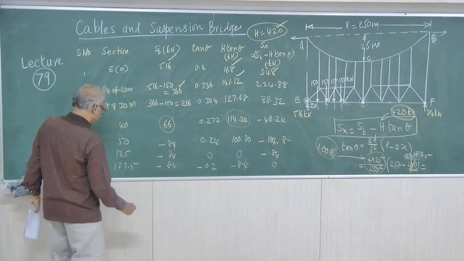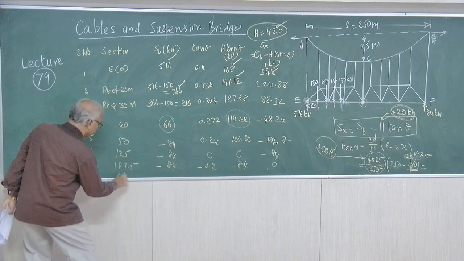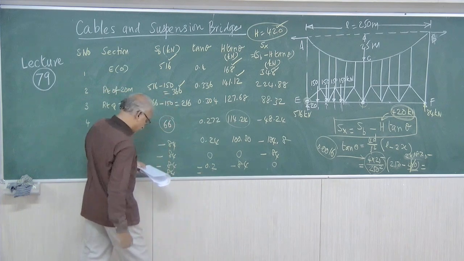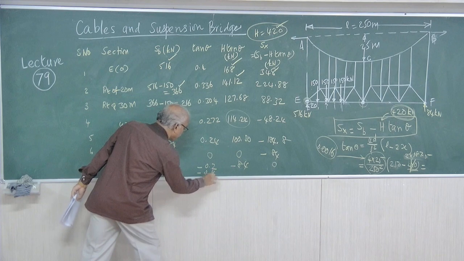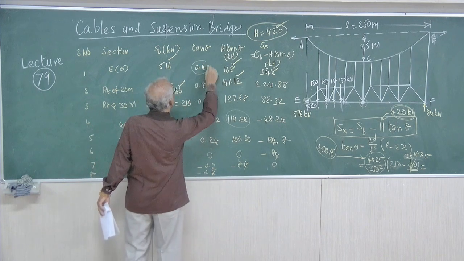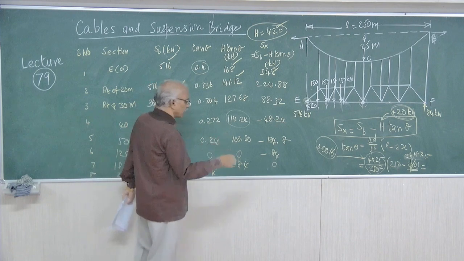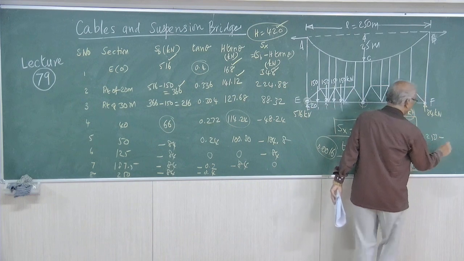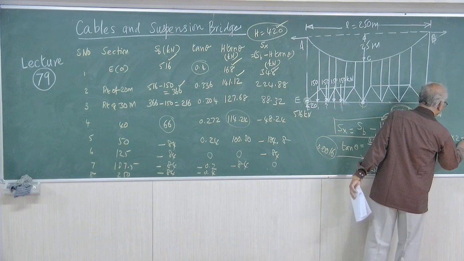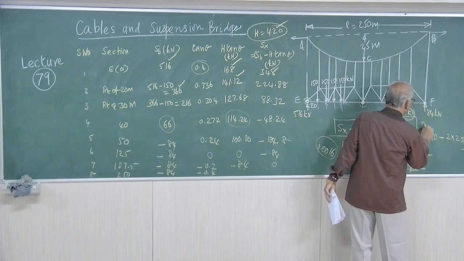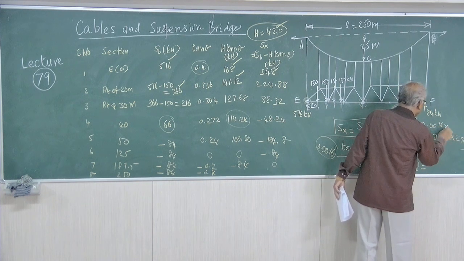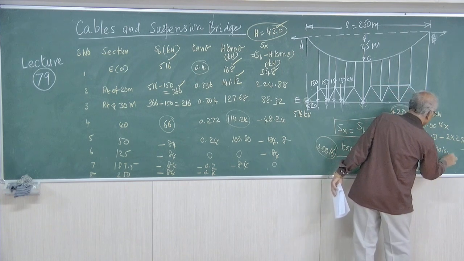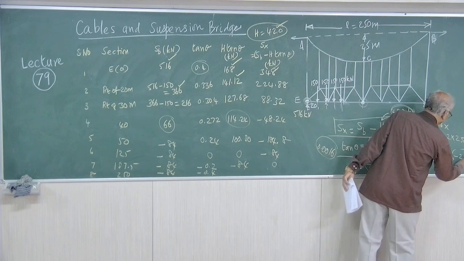And here again it is only 250 minus 2 into 250, that is 0.0016 into minus 250, which is minus 0.4.